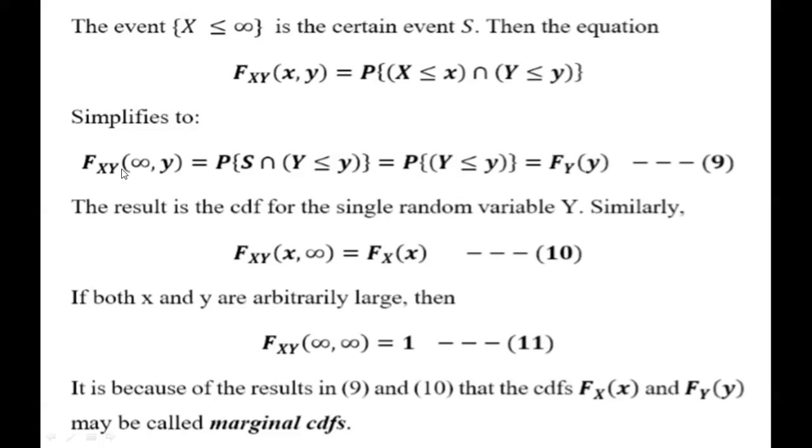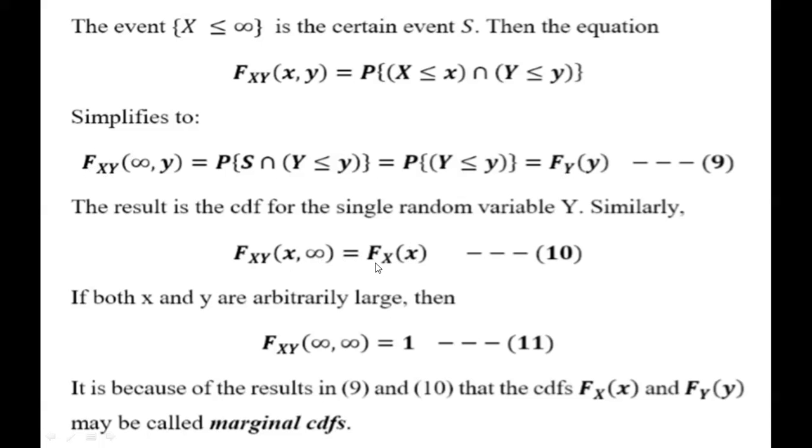The marginal CDF is represented by capital F with subscript XY, bracket infinity comma y, is equal to the single random variable y CDF. Similarly, the bivariate CDF x comma infinity is equal to the single random variable CDF of variable x.